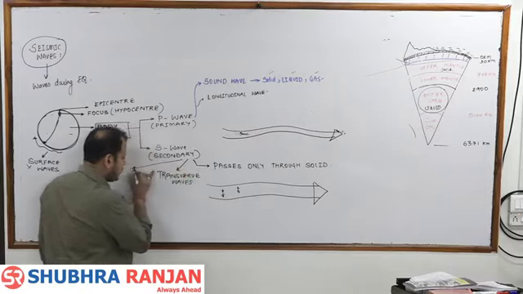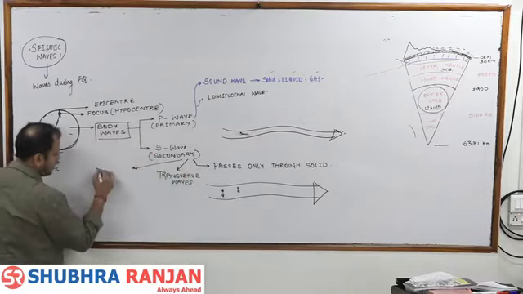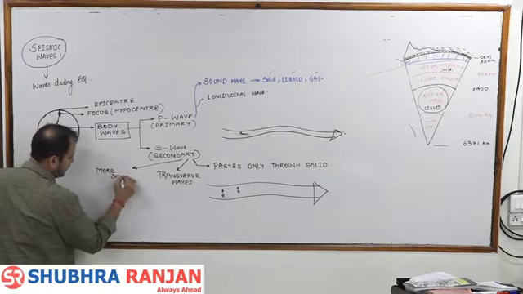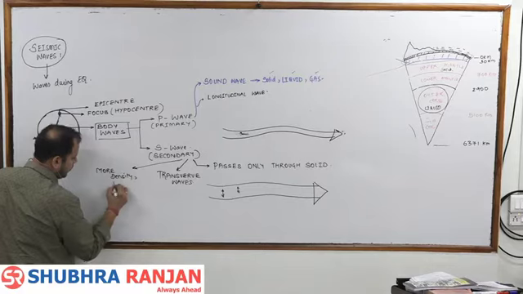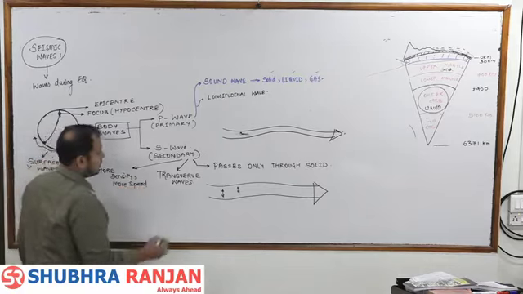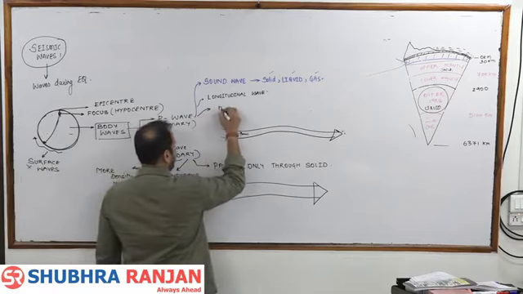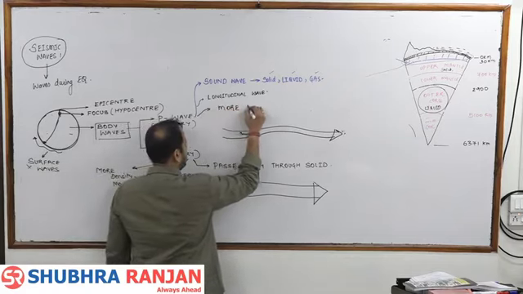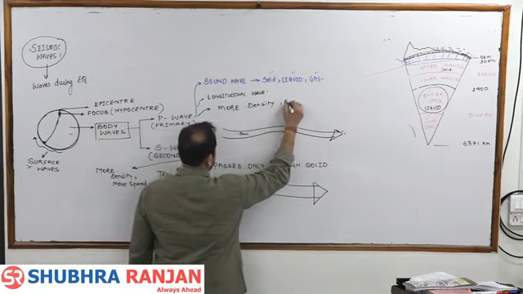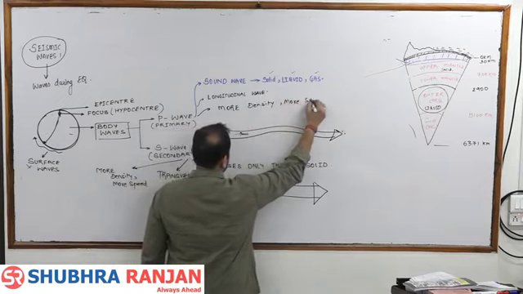And it will also pass with more density, more speed. For this also the law is more density, more speed.